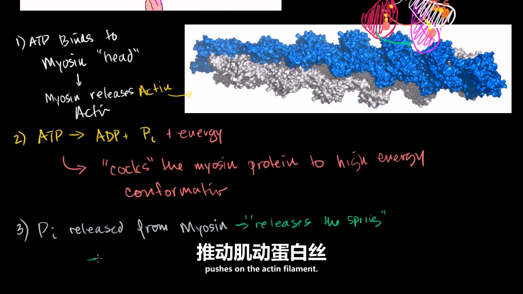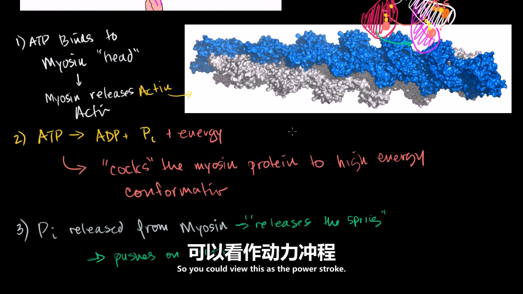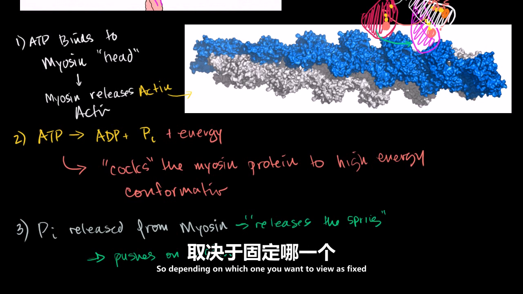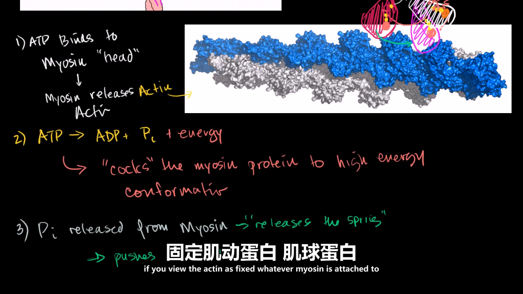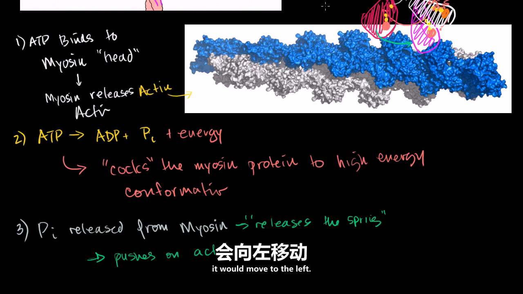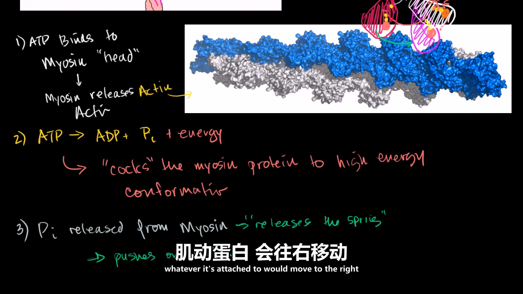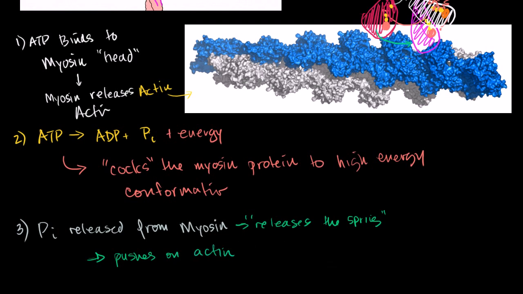So you could view this as the power stroke. We're actually creating mechanical energy. Depending on which one you want to view as fixed, if you view the actin as fixed, whatever myosin is attached to would move to the left. If you imagine the myosin being fixed, then whatever the actin is attached to would move to the right. Either way, this is where we fundamentally get the muscle action.